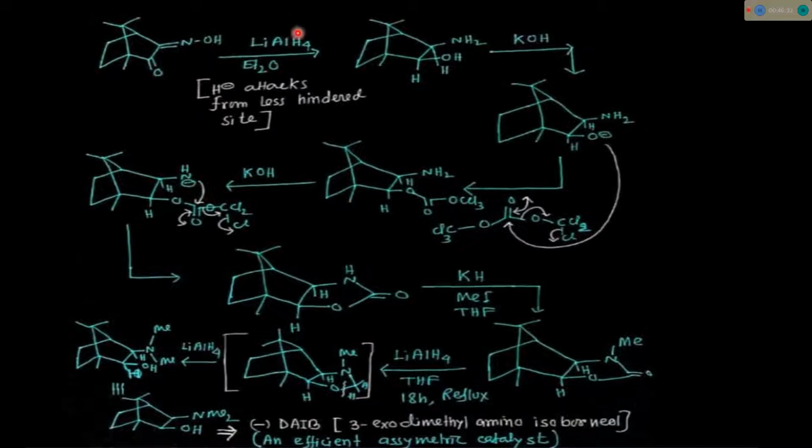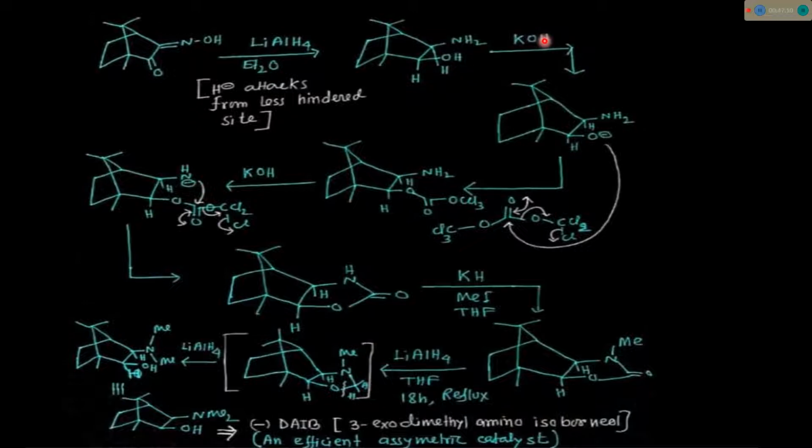Then H minus from lithium aluminum hydride attacks this imine carbon, it becomes NH and there is an N-OH bond. Then lithium aluminum hydride breaks this N-OH bond to form NH2, so OH will leave. Same reaction as question number 2, where lithium aluminum hydride attacked the imine carbon, then N-O bond breaking. Similar case here. Here one extra work is the reduction of the carbonyl compound to alcohol. Now we are getting this product after the first step.